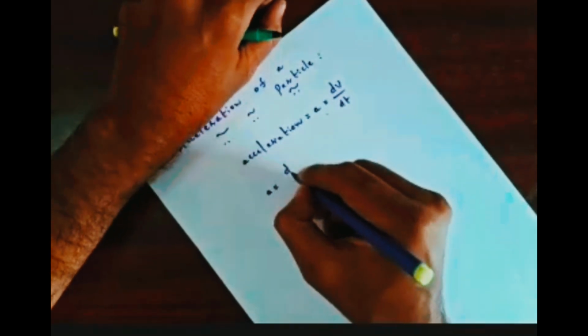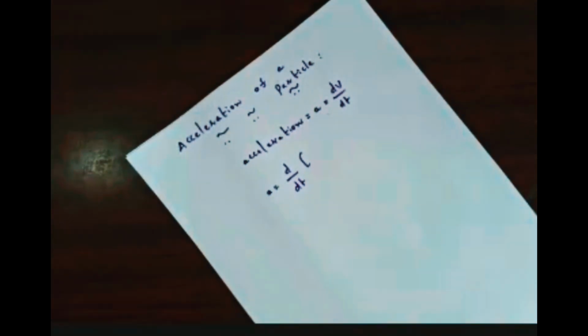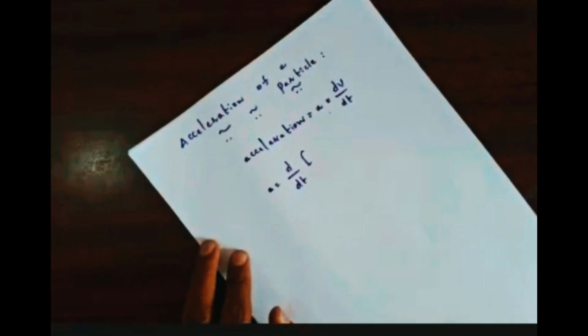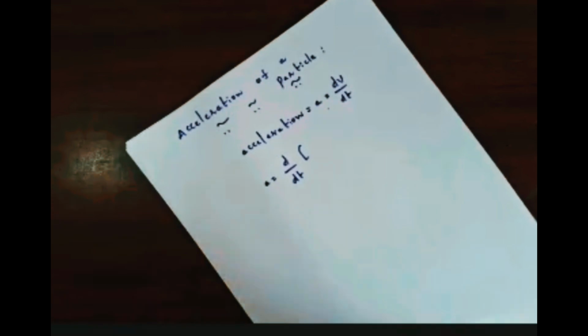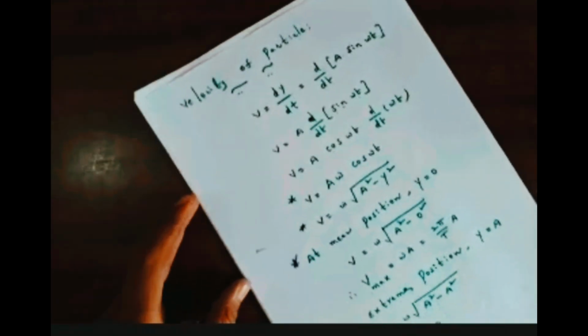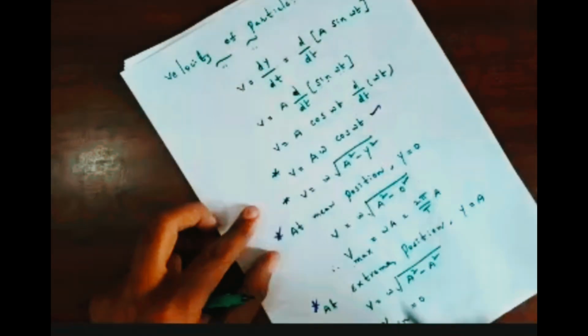a = d by dt of what we got as velocity. The velocity is v = a omega cos omega t. This is the formula of velocity.